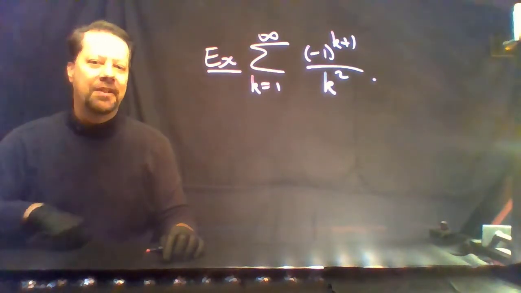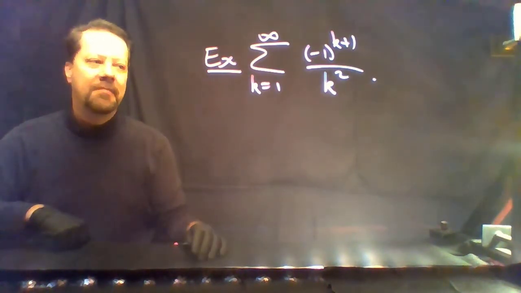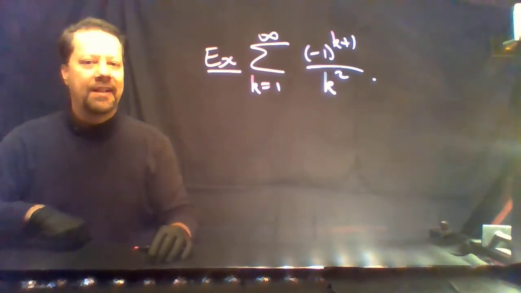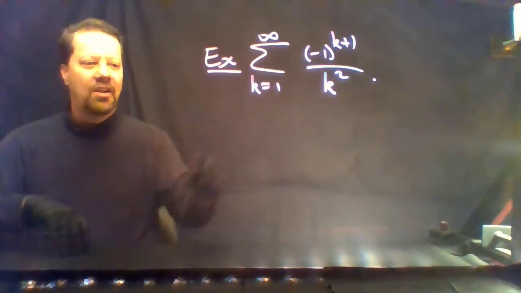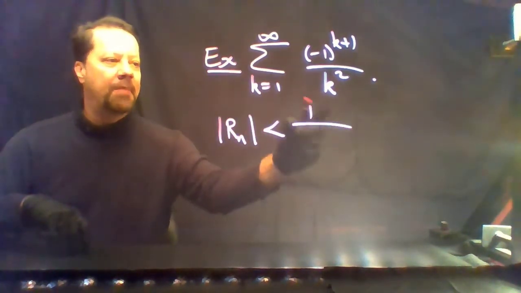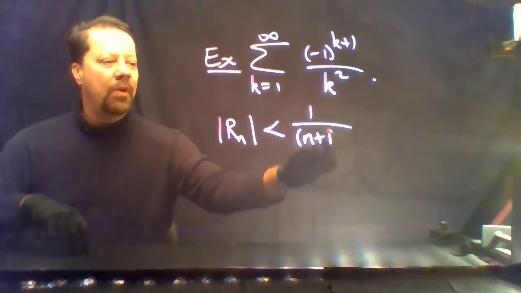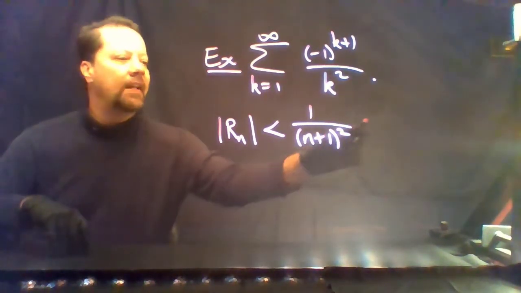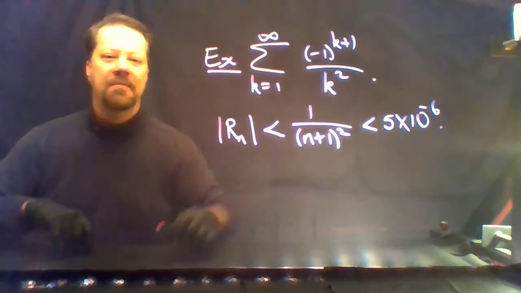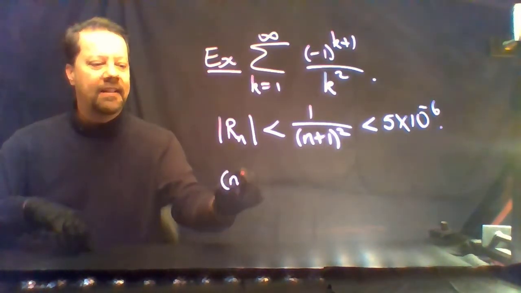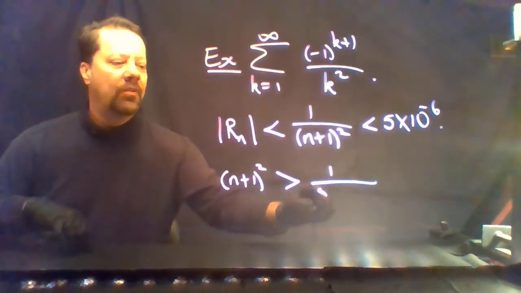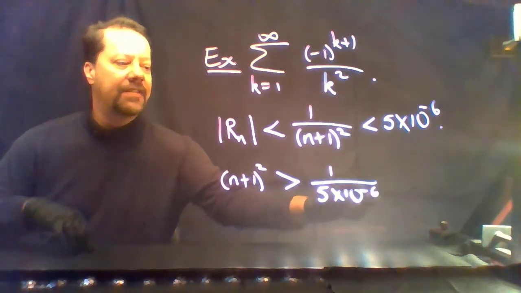How far do you have to go in order to obtain 5 decimal place accuracy now for this particular alternating series? According to the remainder theorem, the remainder is bounded by 1 over n plus 1 squared, and we need that to be less than 5 times 10 to the negative 6. It follows then that n plus 1 squared will be greater than 1 over 5 times 10 to the negative 6.